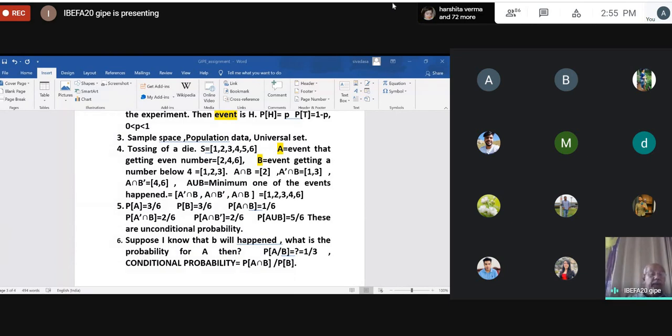Because I am not going to repeat probability from next day. Yes, sir, it's clear. So remember every time, when we define probability, it can be either unconditional probability or conditional probability. Conditional probability you can define if the events are not disjoint.